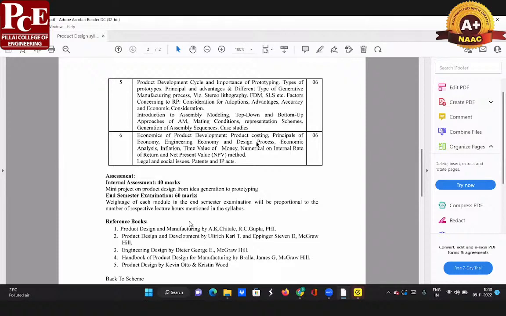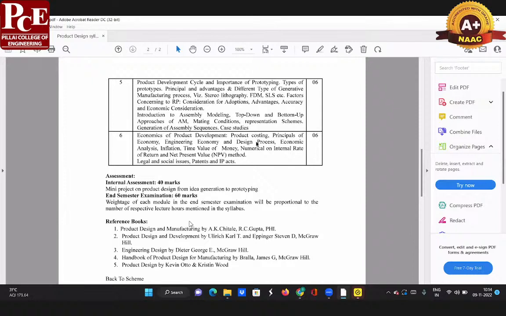After 1 year, how much is it going to be? There are different methods, such as net present value method, internal rate of return method, or payback period method. With the help of these methods, we can evaluate the given products, say A, B, C, and see which one is more economical. Accordingly, we select that product for development.